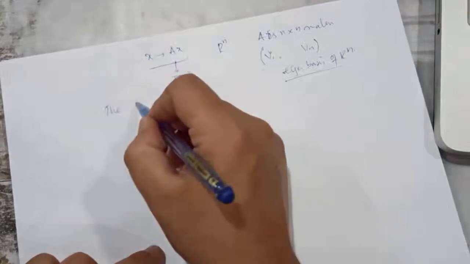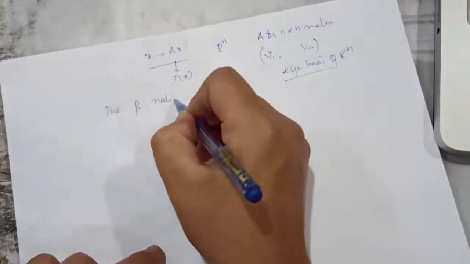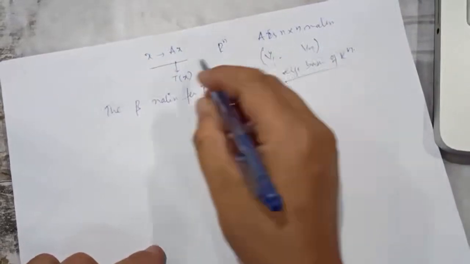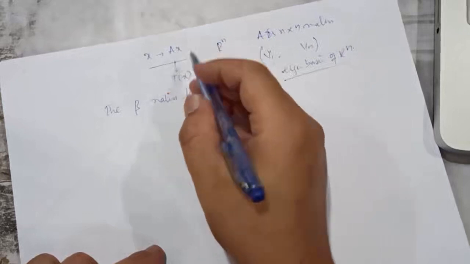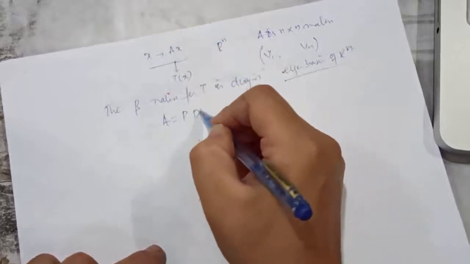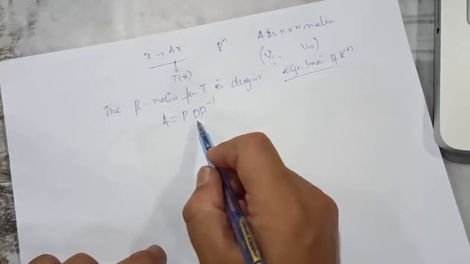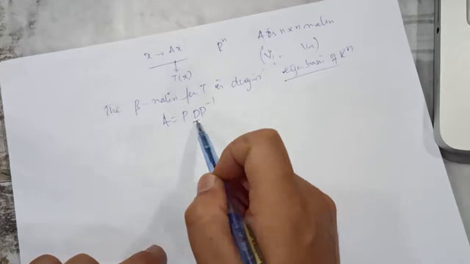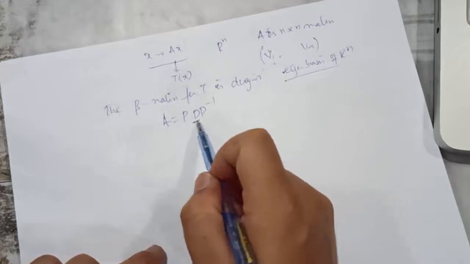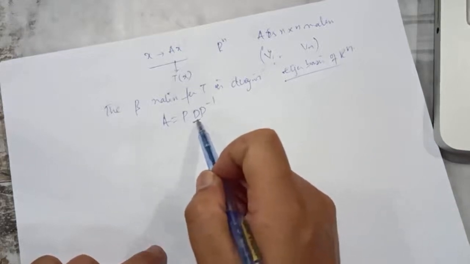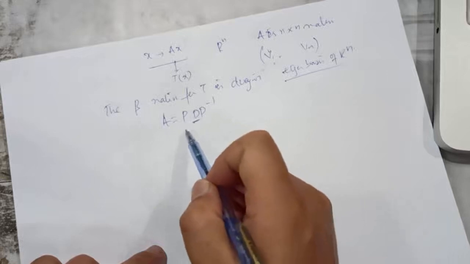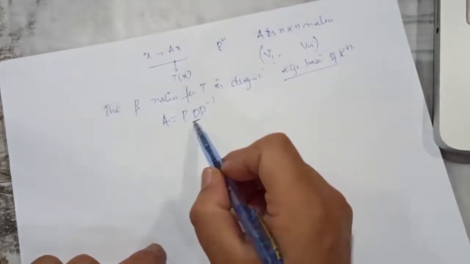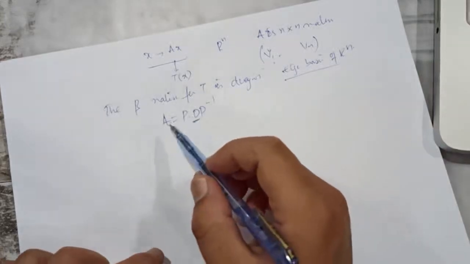Because if A is diagonalizable, then A can be written in a form like this. So it means the D here could form the beta matrix for the transformation, which is actually diagonal.